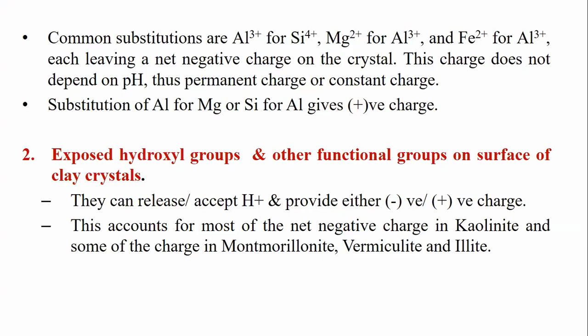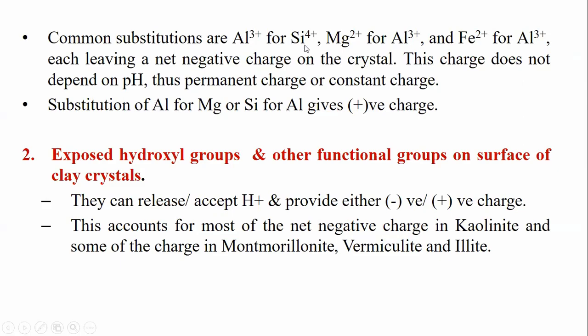If a question comes about the permanent charge or the constant charge, you should catch that it is about the isomorphic substitution, right? So here, the substitution of aluminum for magnesium or silicon, so aluminum gives the positive charges. Understand why positive charge? The 2 plus is substituted by 3 plus, so there should be one positive charge.